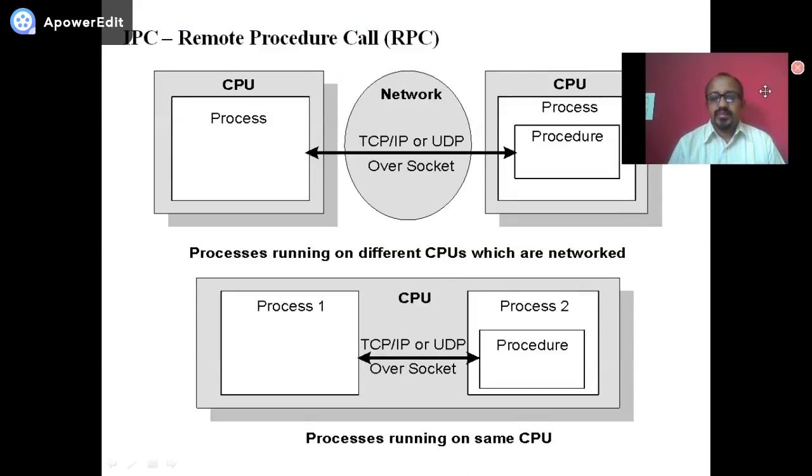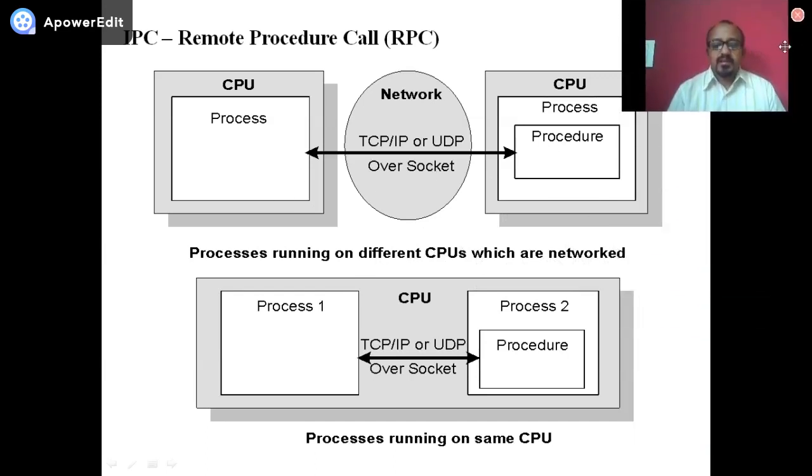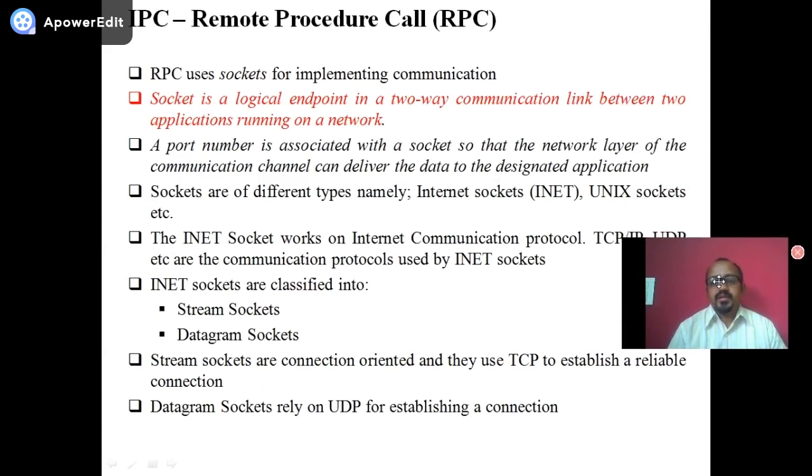This one diagram will help you to understand the processes running on different CPUs, which are networked, connected through the internet. And the other one is the processes running on the same CPU. In a remote procedure call, a socket is used when it is communicated through the network.